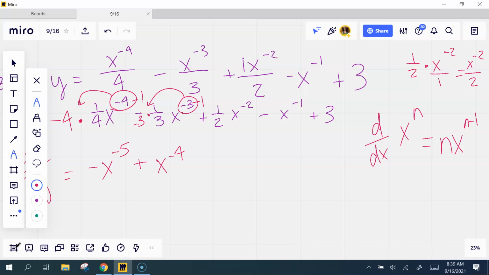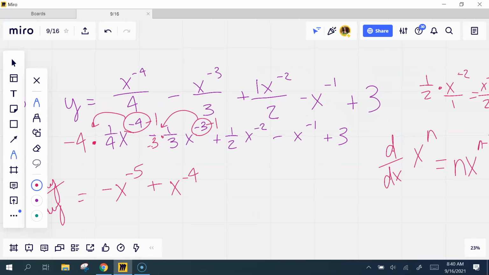Remember, the derivative of a constant is 0. You want me to show you how it works? Let me finish it out this way, and then I'm going to do it for you with the difference quotient, show you that it works. Minus x to the negative 3 plus, that's times 1, right?